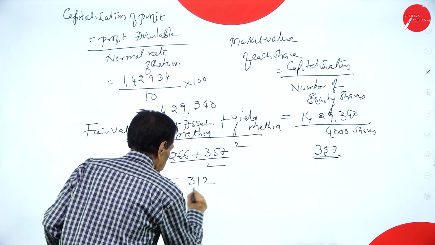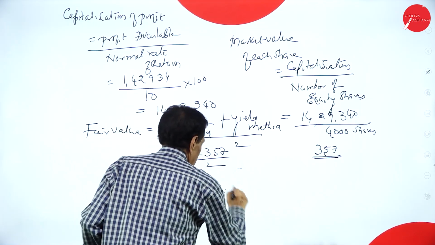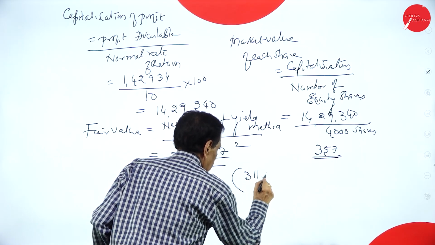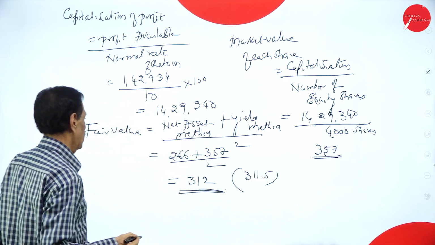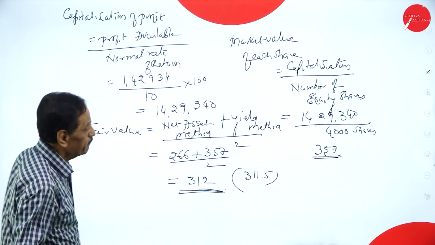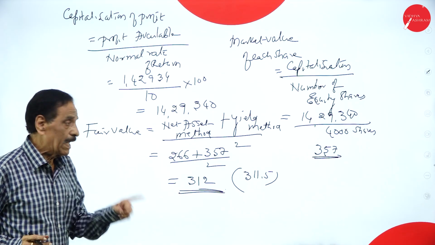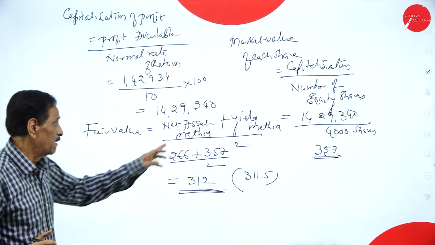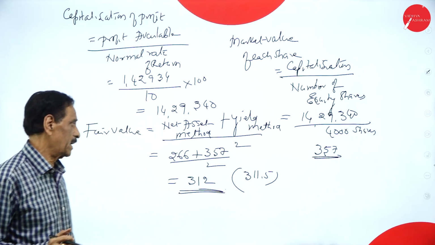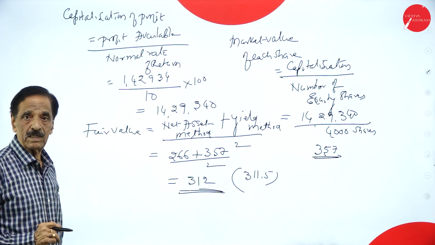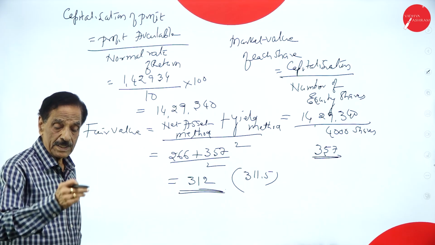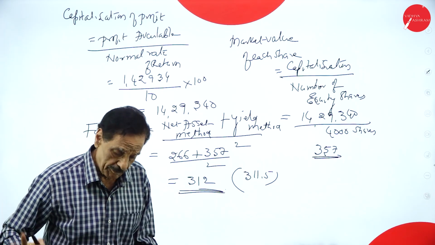Say 312. Fair value. So value as per net asset method, value as per the yield method, the value comes 312. Total asset minus total liability, it will go.